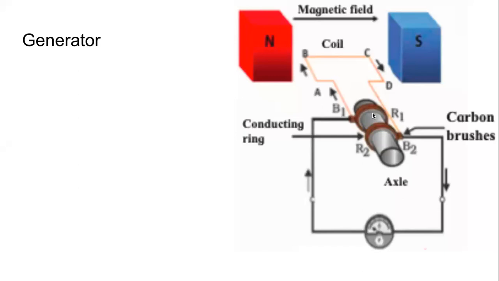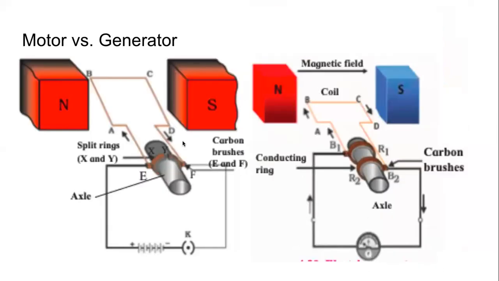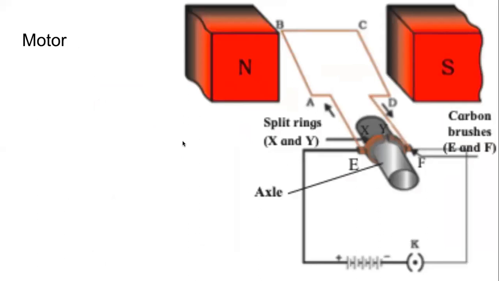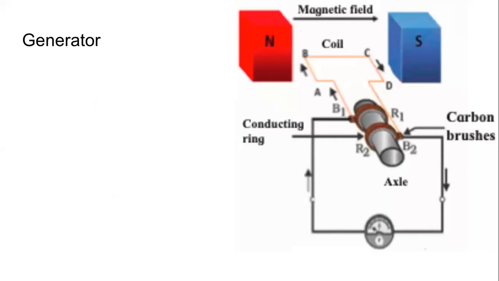And then again, if we keep on moving the generator in the same direction, the direction of the current will remain the same. So whenever it is DC that we want or DC that we are using, then the construction should be like this, split rings. If we need AC, or if we are using AC, then the construction should use full rings.